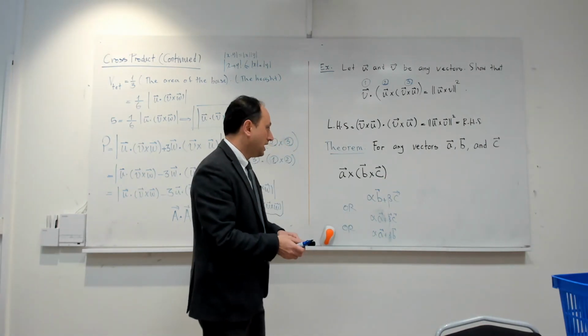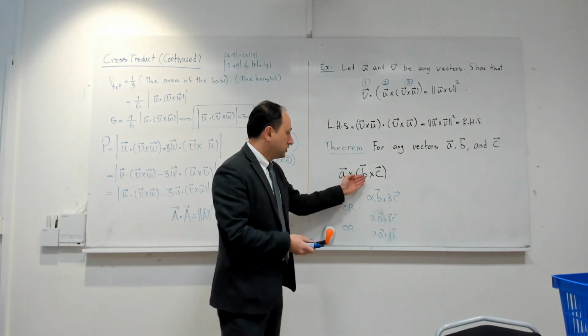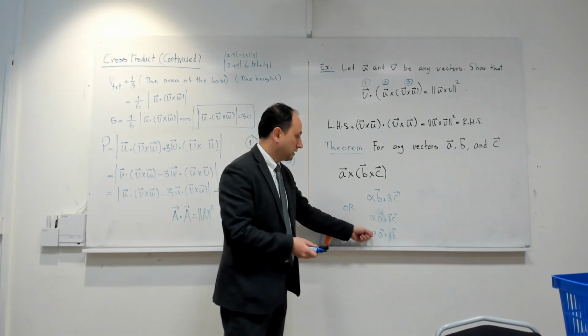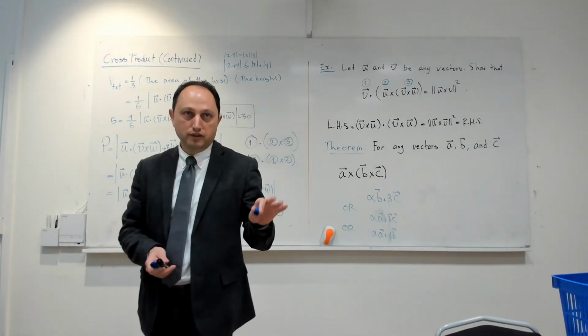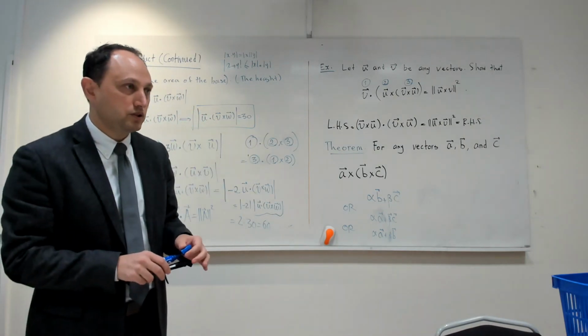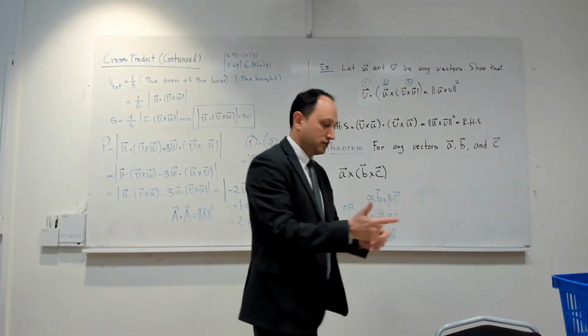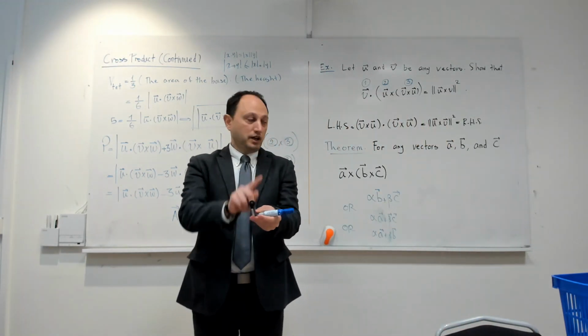Now my question is, do you think the answer would be something like this, or this, or this, if I guarantee that one of them is definitely correct? Which one do you visualize? You have three vectors, and probably another vector coming out.